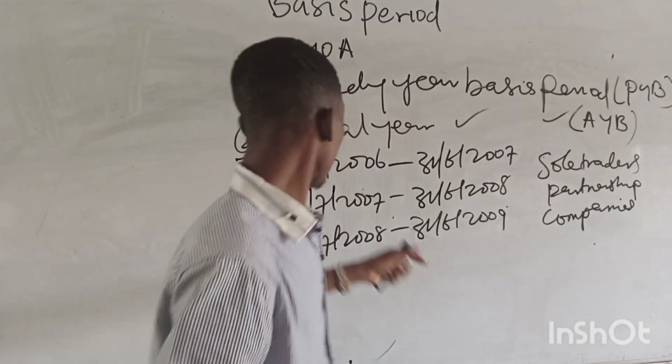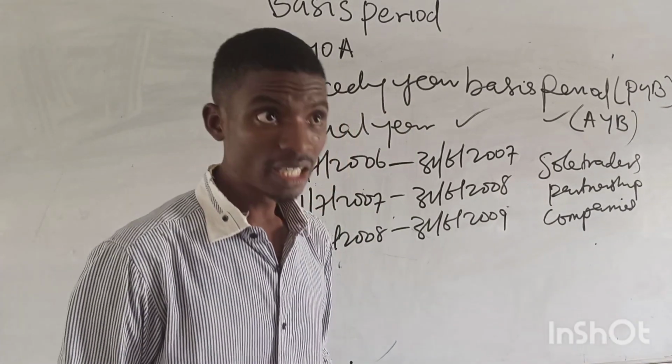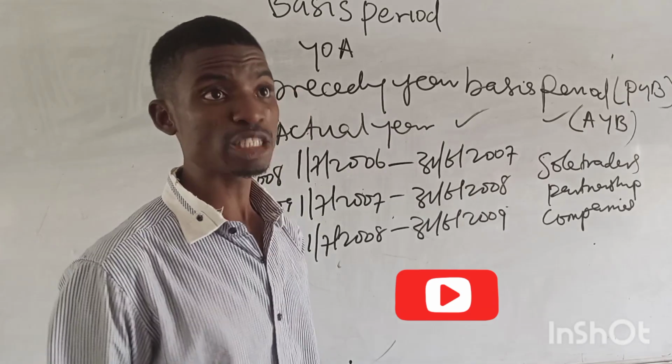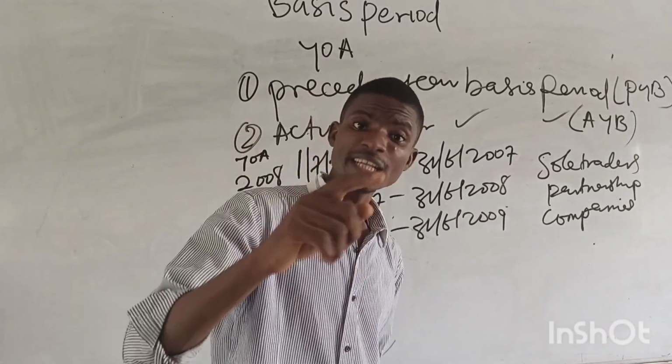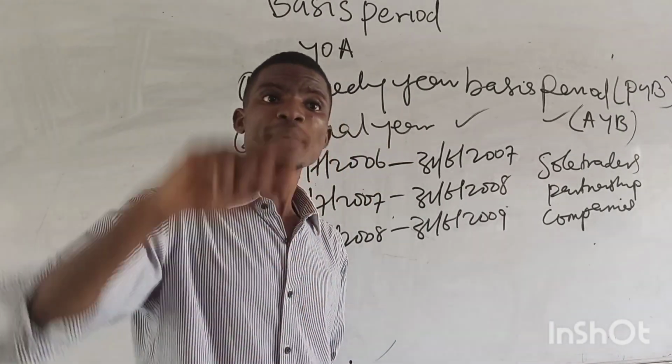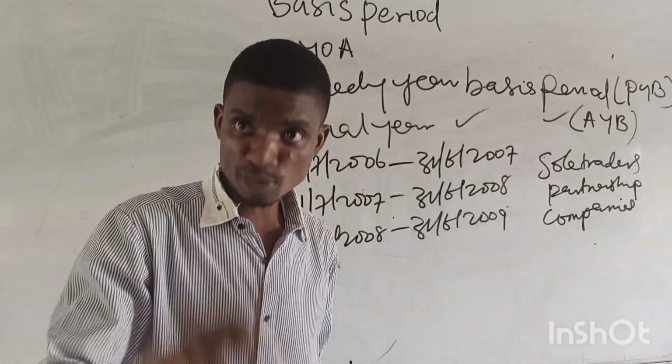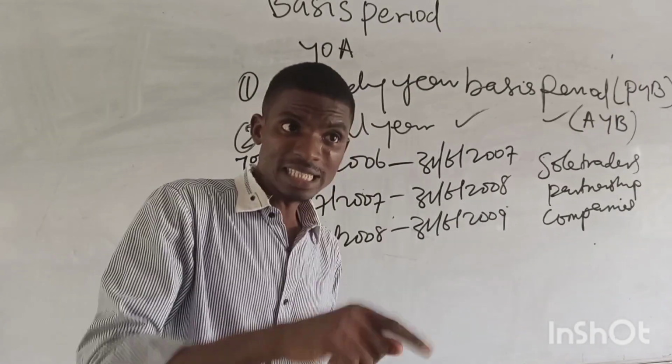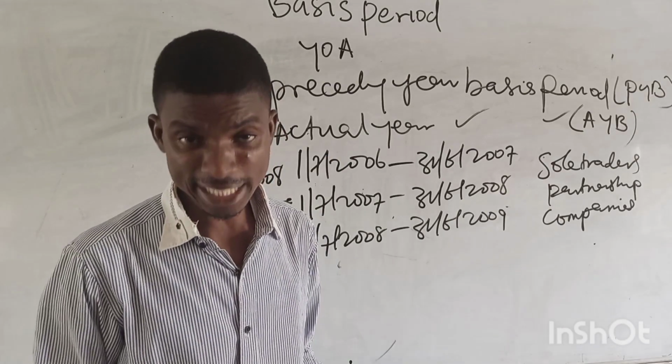But when you come over to the actual year basis, it is trying to explain that the operating result of the business firm will be assessed to tax on the same year that the business carried out its business operation.